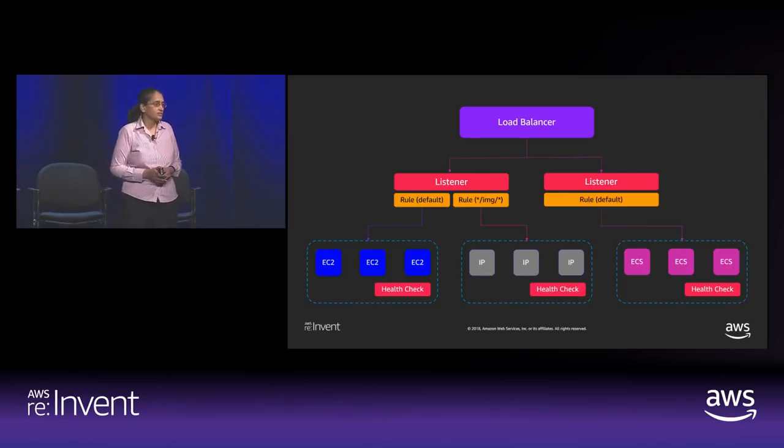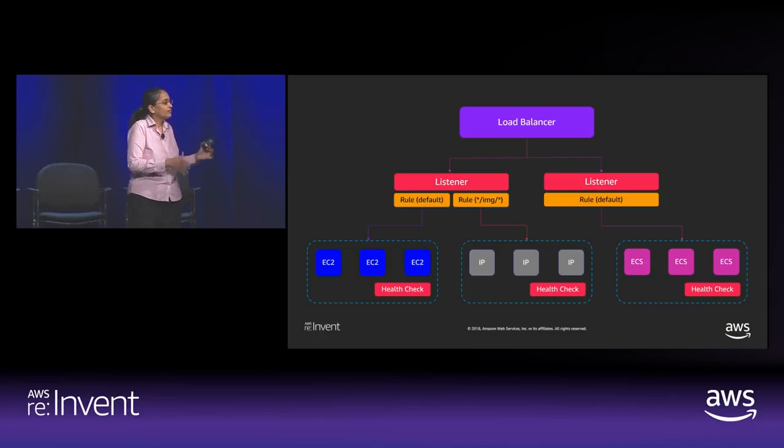Focusing on the targets, the targets themselves can be EC2 instances, IP addresses, or containers. And you can register the target to multiple target groups using different source ports. You can actually create these abstractions like target groups independent of your load balancer and associate them to your load balancer once you create those load balancers.